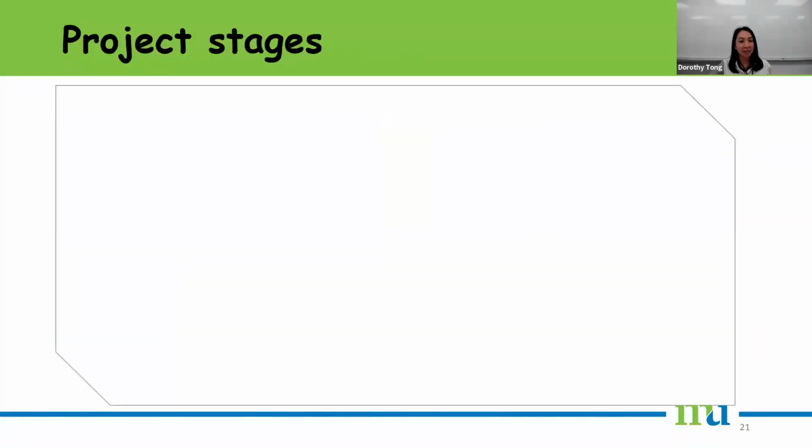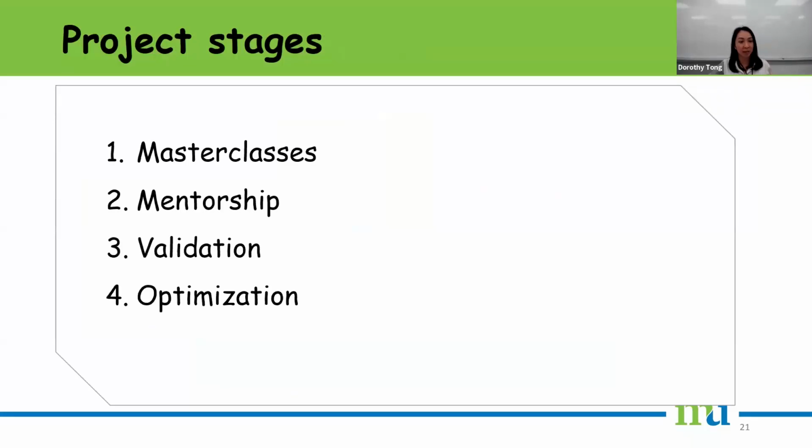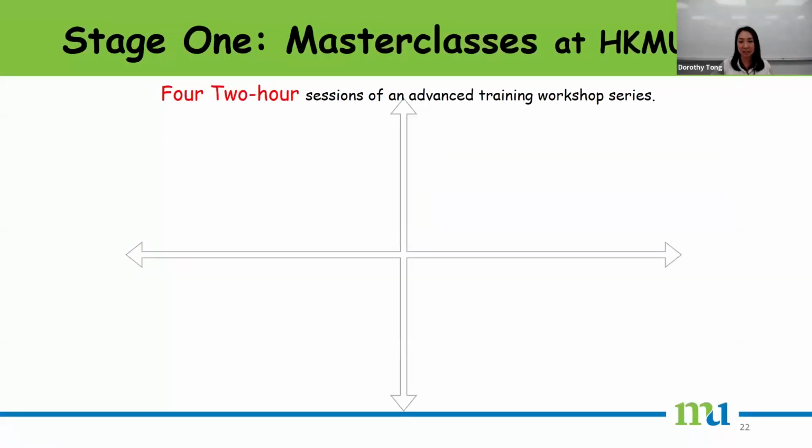Okay, and in this project, as mentioned in the title of the project, there should be 5 stages. Now we have finished the first 2 stages, and we are currently in stage 3. The first stage was the master classes.